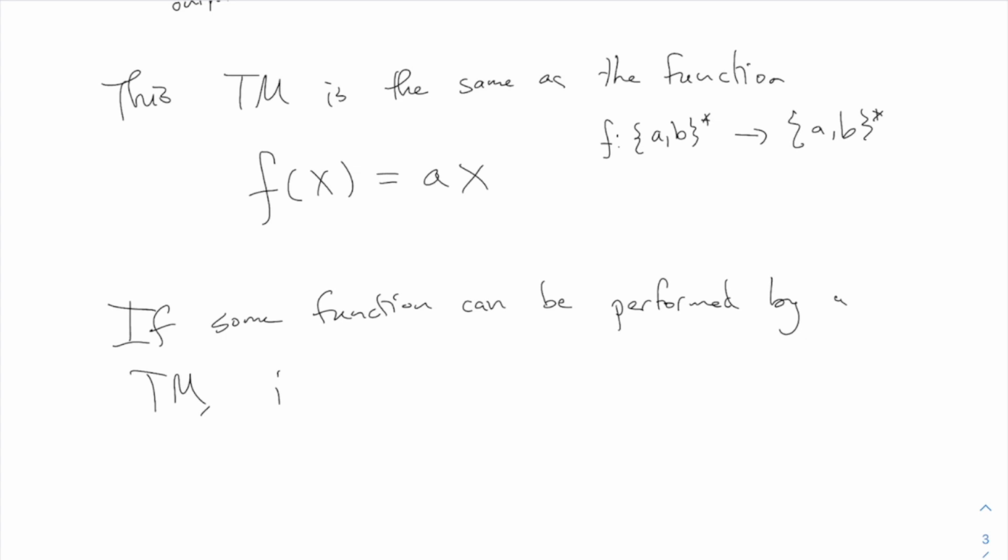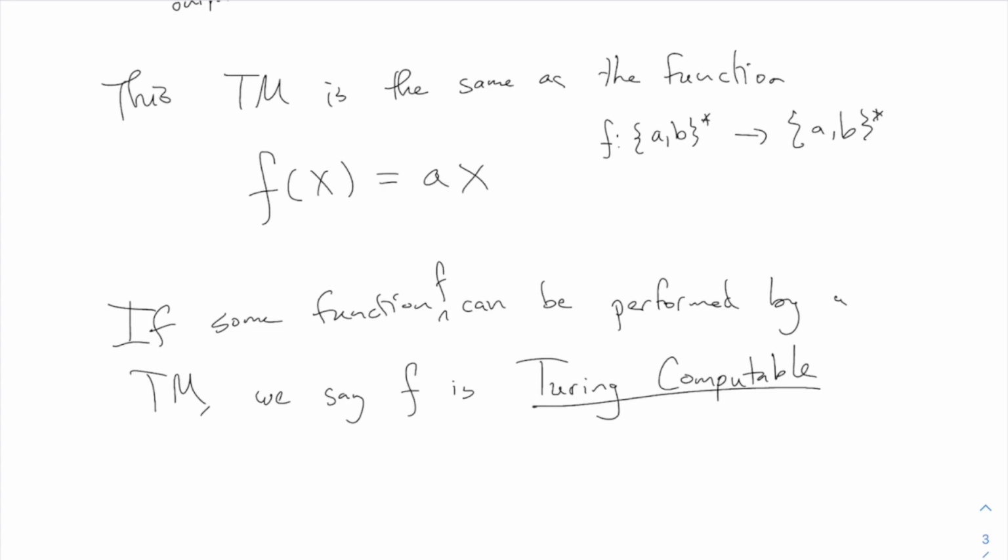If some function f can be performed by a Turing machine, then we say f is Turing computable. That means that this function is capable of being computed using a Turing machine. So, for example, this function up here, f of x equals ax, is Turing computable because you can do that function using a Turing machine.